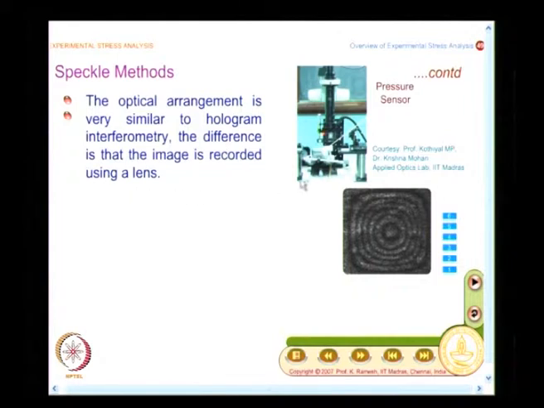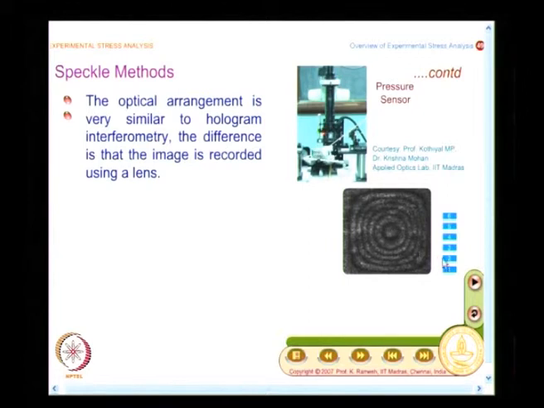And the example I have taken here is from a MEMS application, because we had seen whether it is holography or speckle interferometry, they are ideally suited for small scale object measurements.